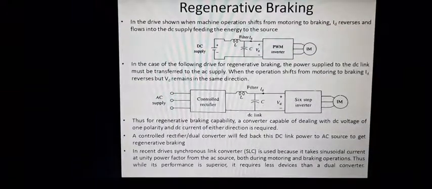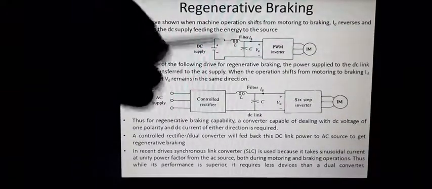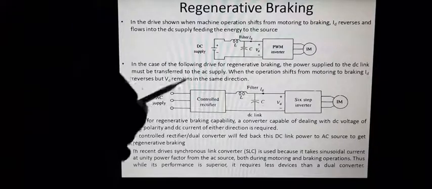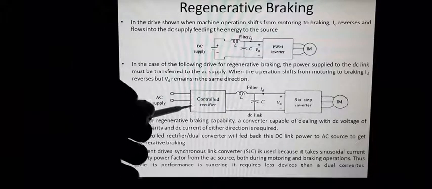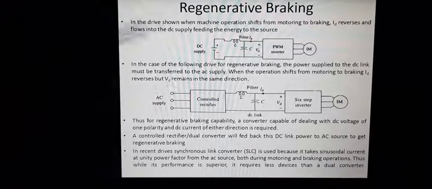In order to make it act as an inverter, the firing angle has to be given with a value which is greater than 90, or the firing angle must lie between 90 and 180.